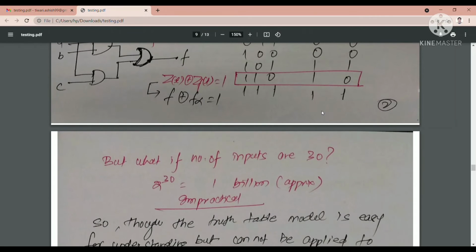The possible number of lines in the truth table will be approximately 1 billion. Can you generate 1 billion steps and trace in every line where the fault lies? So this is an impractical approach. The truth table approach is impractical.